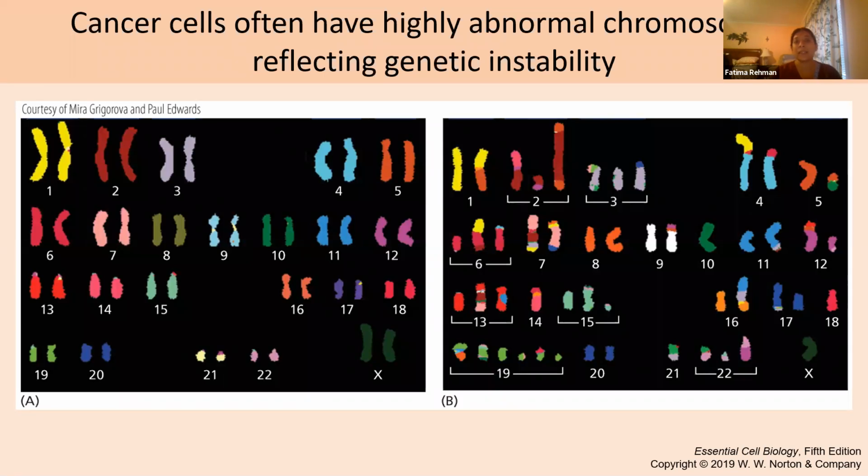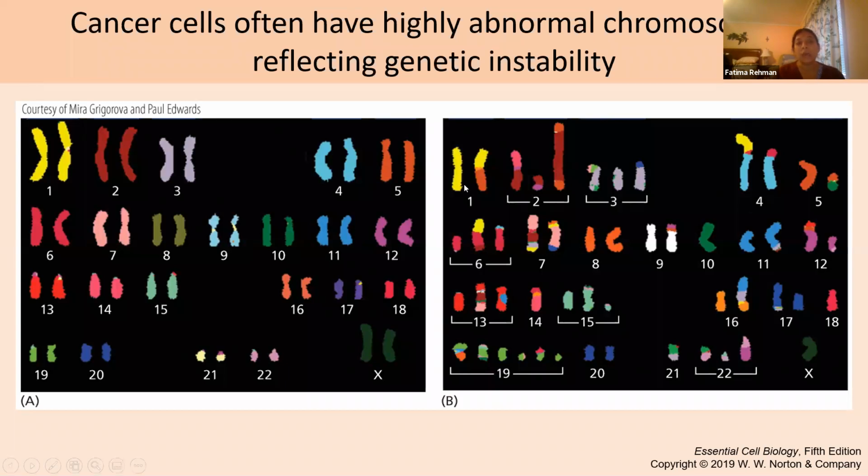Now, cancer cells can usually be spotted by how abnormal their DNA looks. That reflects one main hallmark of cancer called genetic instability. That basically means that once there's a mutation, you're more likely to get a second mutation, which builds up another chance of another mutation. So these cancer cells accumulate mutations at a higher rate.